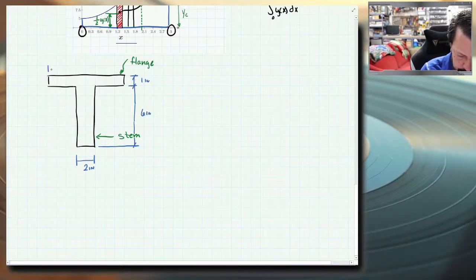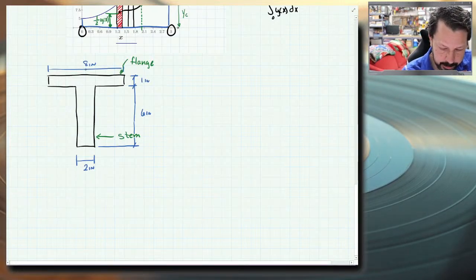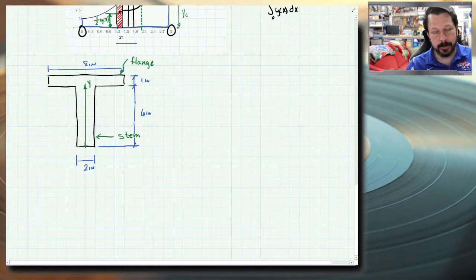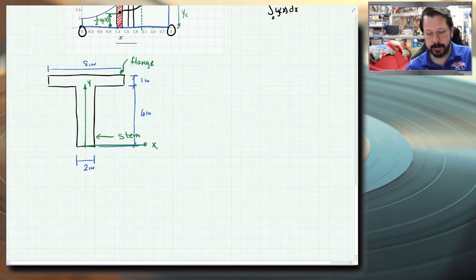And this one, 8 inches. I think that's all we need. And we'll assume it has bilateral symmetry. So if we drew an axis right here, this part is symmetric about that axis. We'll put the x-axis down there.